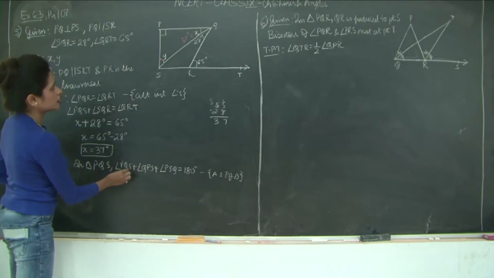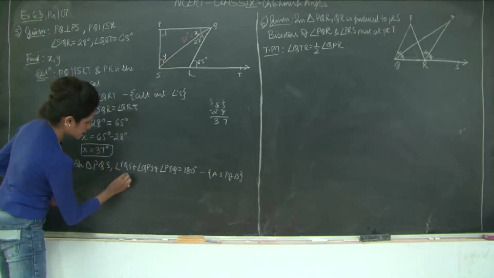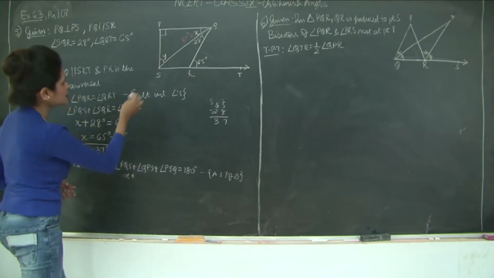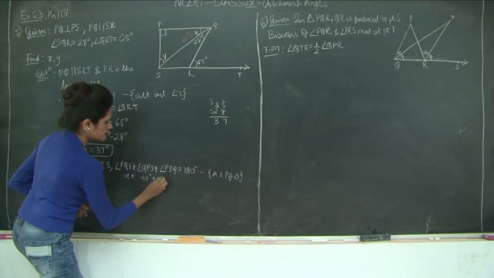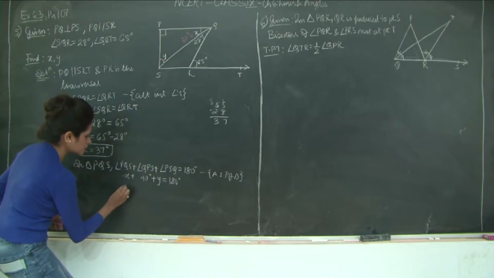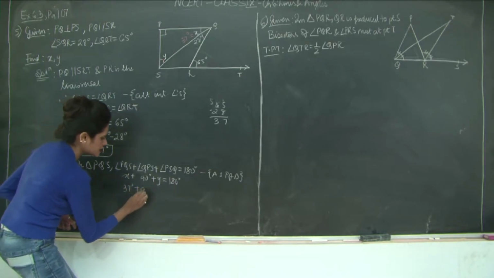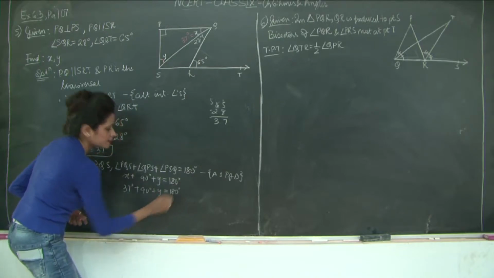Correct? Therefore, PQS is X, so X plus QPS is 90 degrees plus Y is equal to 180 degrees. Let's substitute the value of X, which is 37 degrees plus 90 degrees plus Y is equal to 180 degrees. Correct?